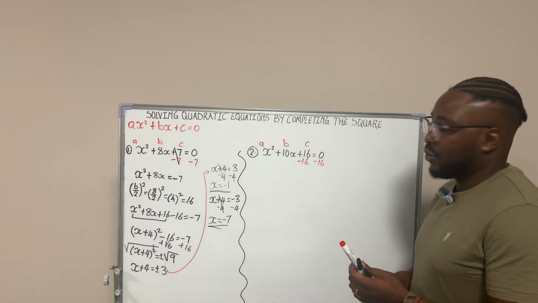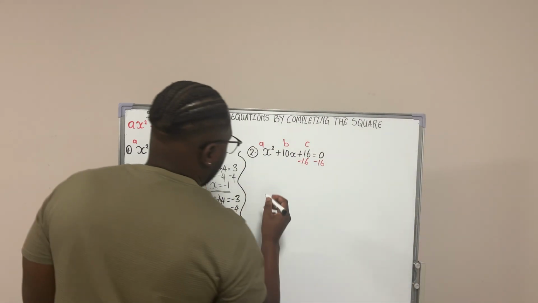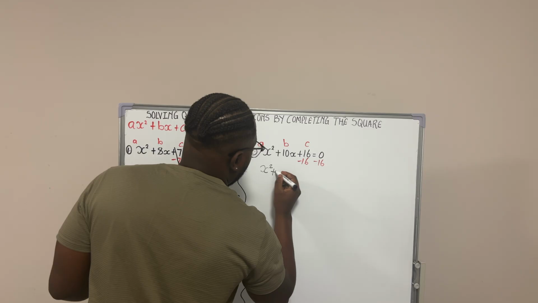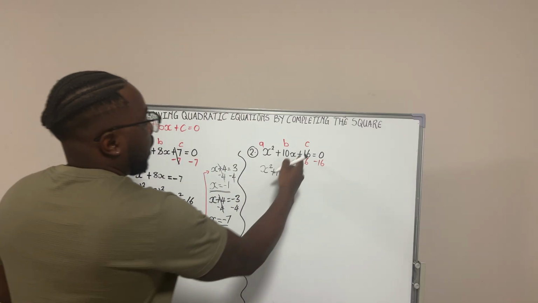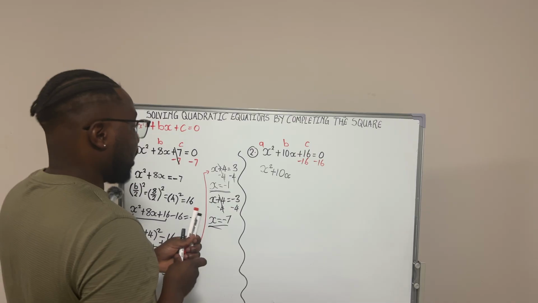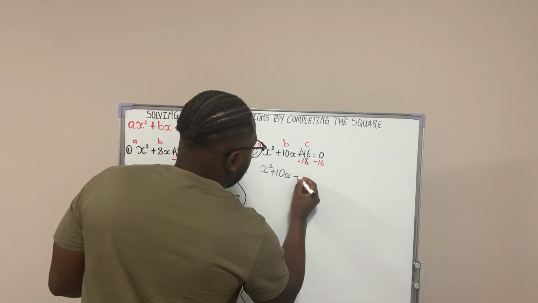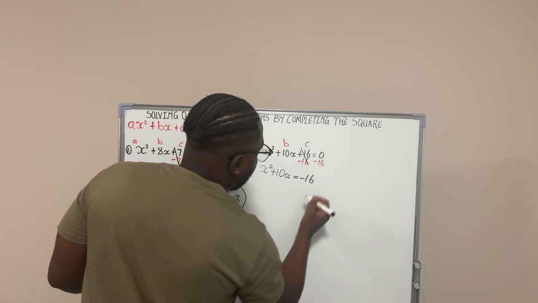And what are we going to be left with? We shall be left with x squared plus 10x, yes, positive 16 and negative 16, those cancel out. Yes, 0 minus 16, that leaves us with what?